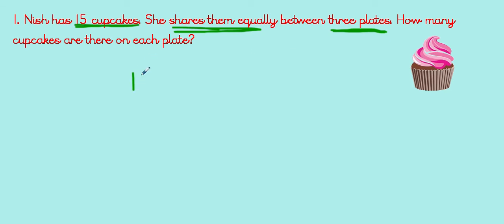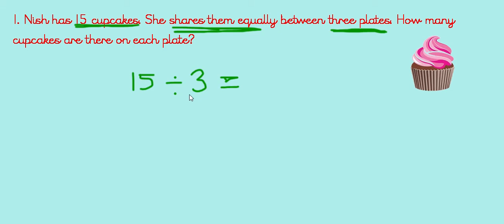So she started with 15 cupcakes, didn't she? And she shared them, 15 shared between 3 plates. 15 divided by 3 equals something, and we want to know what the total is on each plate, what there is in each group.